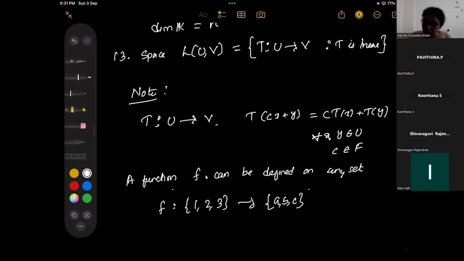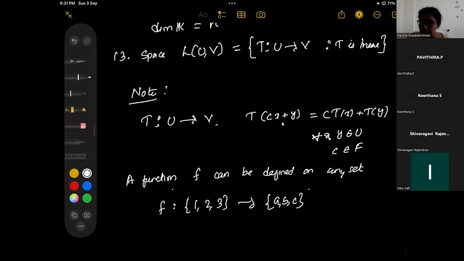And one more thing is T satisfies this linearity condition. But a function in general need not satisfy this linearity. First of all, this linearity comes just because this is defined on a vector space.